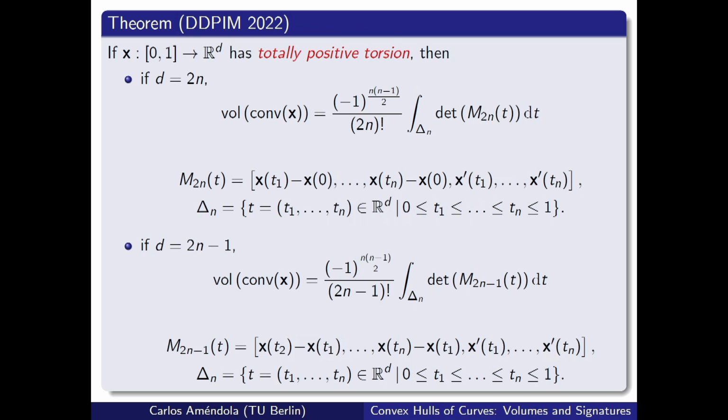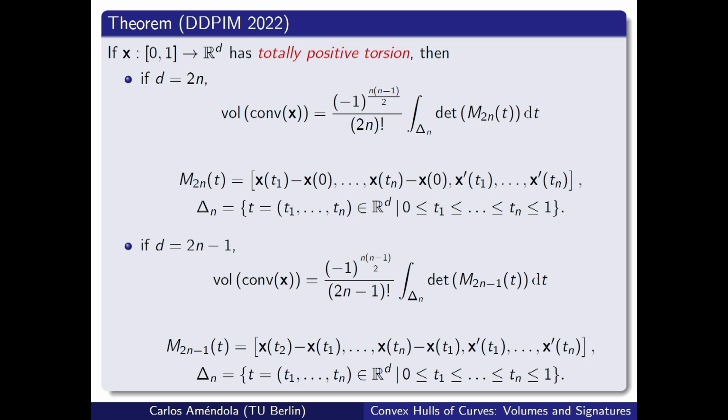There are some integrals, and some determinants of matrices that also have to do with the derivatives of the path and displacements, you can see how far it moves. These are the variables t, and you're integrating over a simplex that has this particular form.